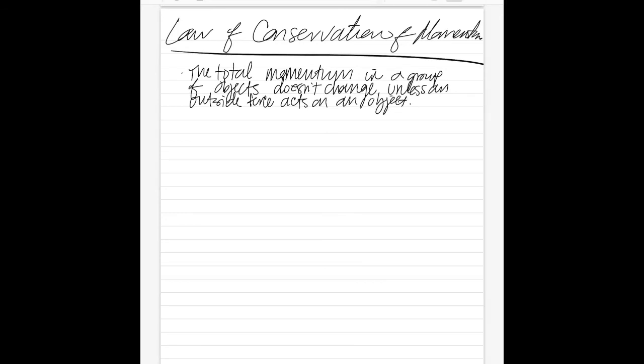So basically what we're saying is the momentum before will always equal the momentum after. This is when a system goes through a change. You change the mass or you change the velocity or something else hits it. What it's saying is the momentum before this change happens should always equal the same as after the change has happened.